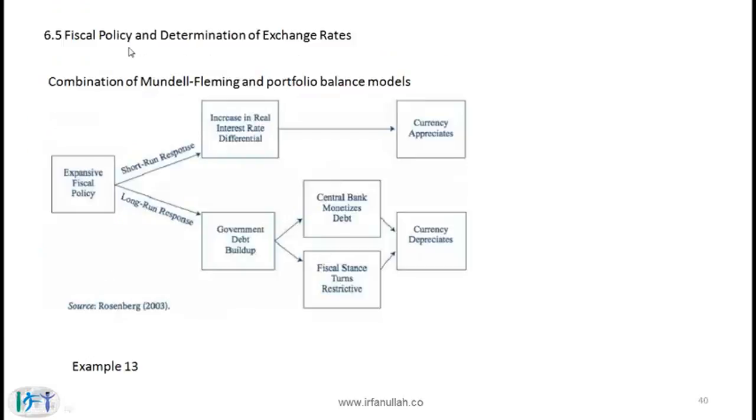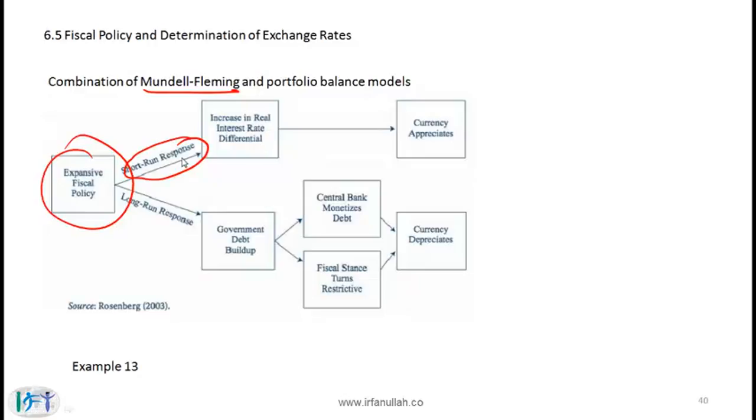Section 6.5, Fiscal Policy and Determination of Exchange Rates. The most important aspect of this segment is that we combine the Mundell-Fleming and the portfolio balance models. The Mundell-Fleming model helps us in the short run. If we look at expansive fiscal policy, what happens in the short run? Effectively, there's an increase in the real interest rate differential.